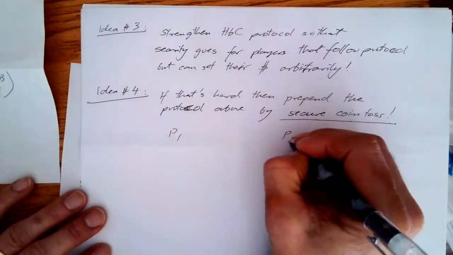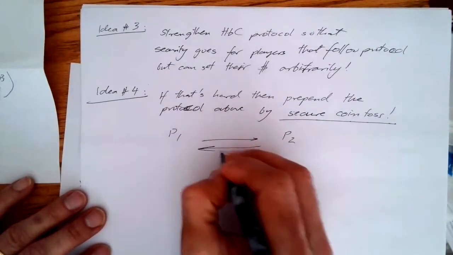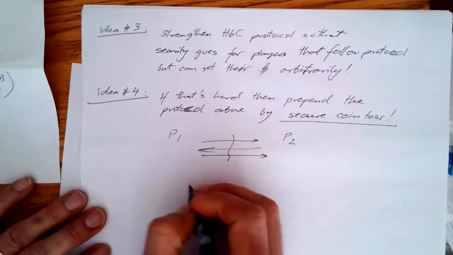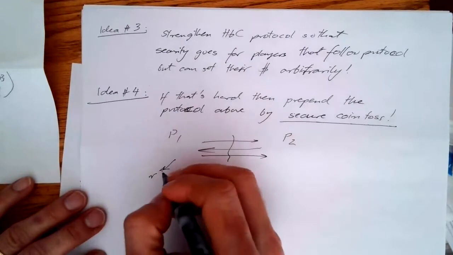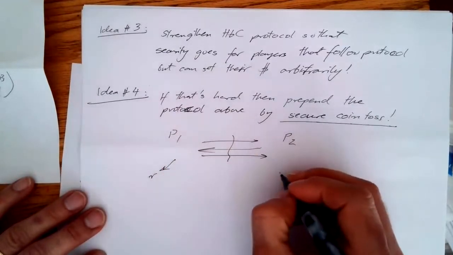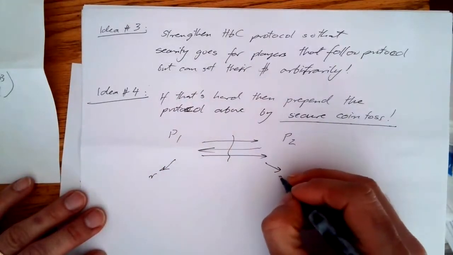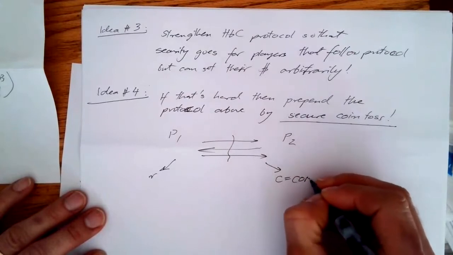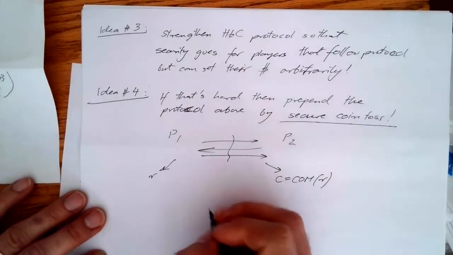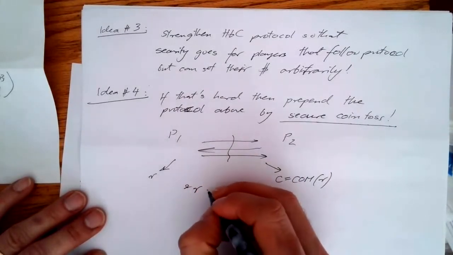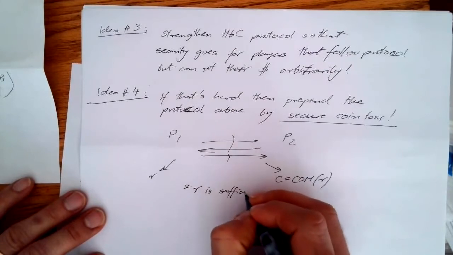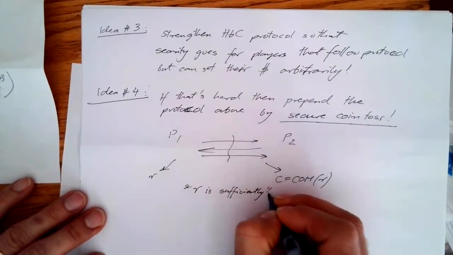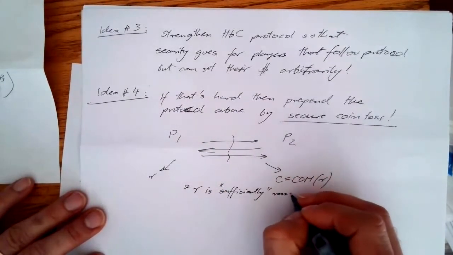The idea of secure coin toss is, can these people follow some protocol so that at the end this guy has a randomness and this guy has, let's say, a commitment to this randomness, and R is sufficiently random.